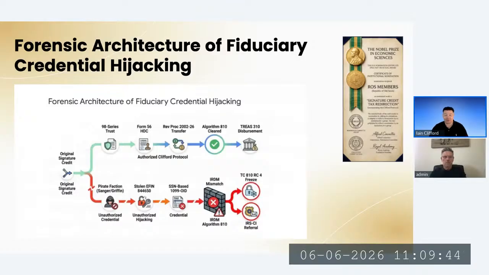It clears through the algorithm, the IRS 810 algorithm, and gets into what's called Trias 310, which is the banking rails that the IRS use to redirect the taxes through what's called Trias 310 to the bank account that's been set up for the foreign grantor trusts.